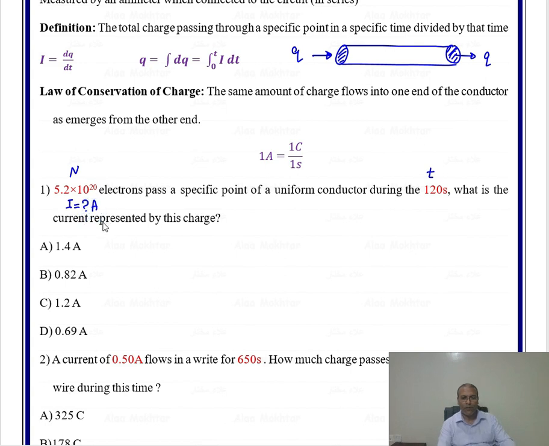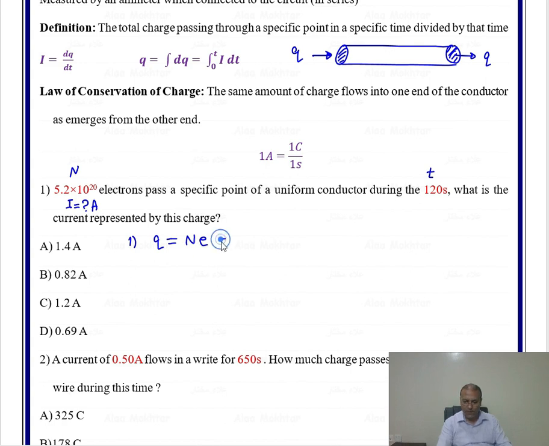To solve this problem, we need to use two equations. The first equation we use is Q equals N multiplied by E. N is the number of electrons or protons, and E is the elementary charge, which equals 1.6 times 10 to the negative 19.